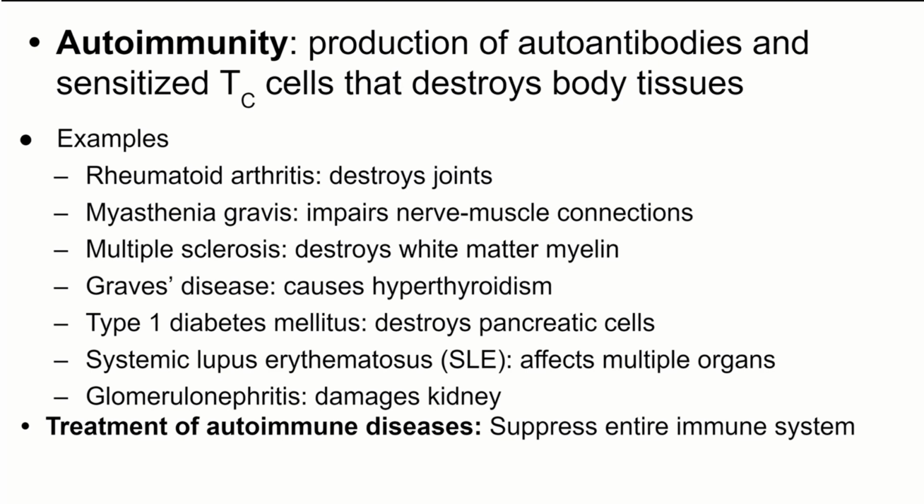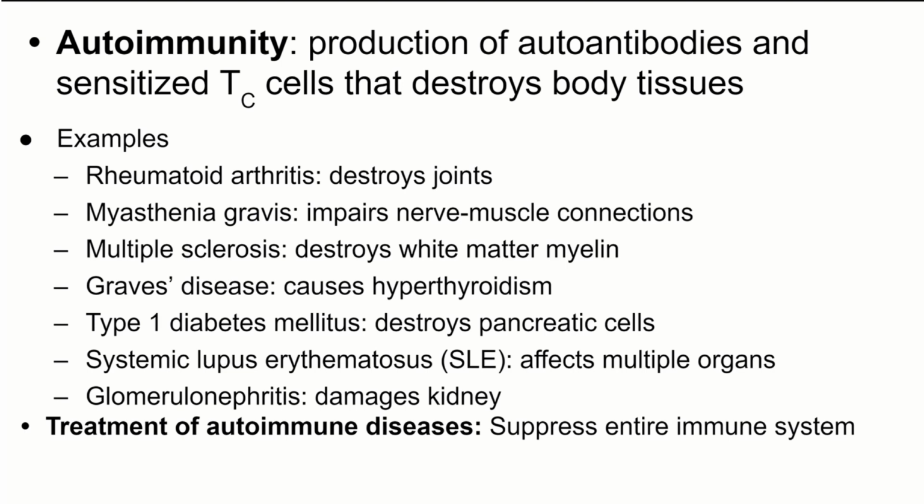Autoimmunity. So autoimmune diseases are where the body produces antibodies that attack itself. So this is where we have T cells that are actively trying to destroy body tissues. We have several examples. We have rheumatoid arthritis, where the T cells are attacking the actual joints, the cartilage on the surface of bones.